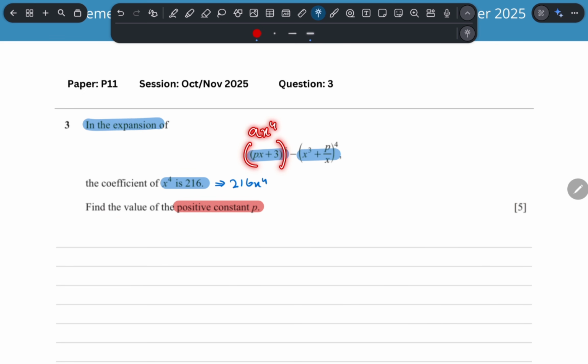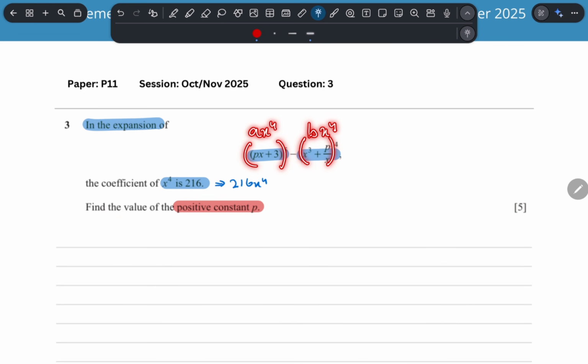Let's just call that a. And when we expand this side, we'll also get an x^4 term, which will also have an unknown coefficient. We can call that b.